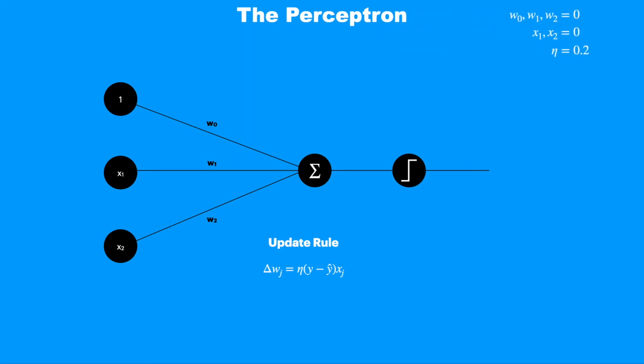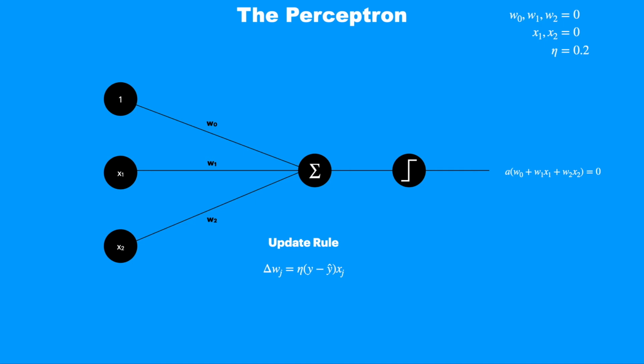So let's just give some concrete numbers to everything. The weights are all set to 0, the inputs are all set to 0, and our eta, which is that squiggly n, is set to 0.2. That's our learning rate. So that determines how fast we learn or how slowly we learn. Kind of like how you would learn in real life, right? So in order to compute the output of the perceptron, we have to do some arithmetic. So like we said, we have to do inputs multiplied by the weights.